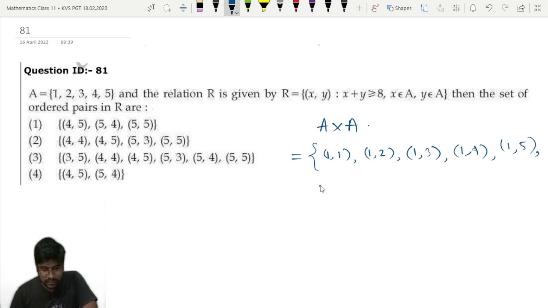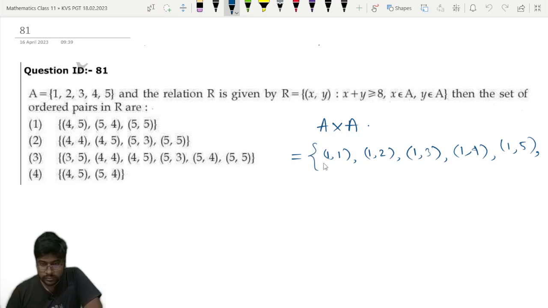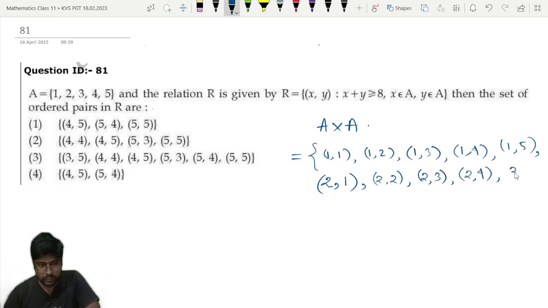Then next will come 2 comma 1, 2 comma 2, 2 comma 3, 2 comma 4, 2 comma 5.